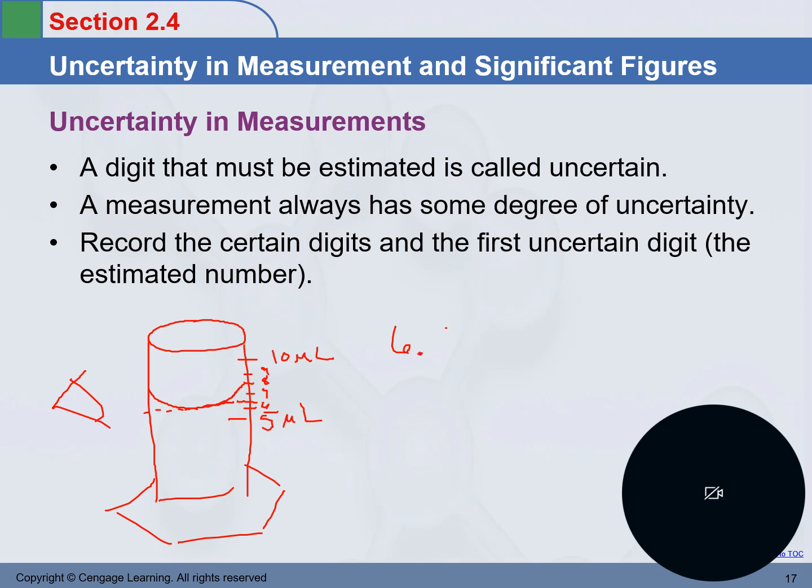So somebody in your group might say that it's 6.5. This first digit we're absolutely sure of, and this is our estimated digit right here. Somebody else in your group might say, no, I think it's 6.4. Either one of those would be acceptable answers because you're estimating this last digit right here.